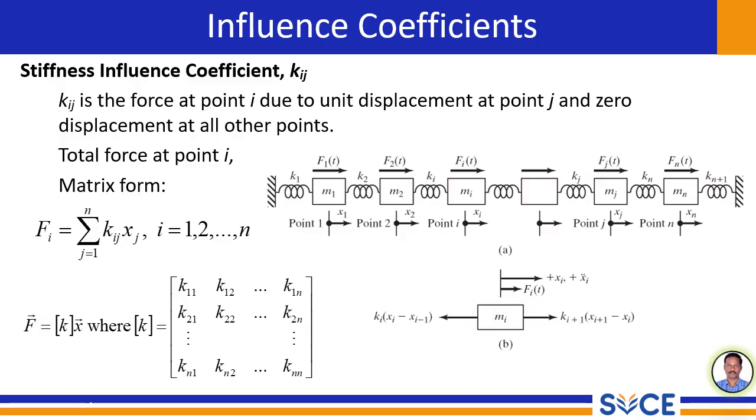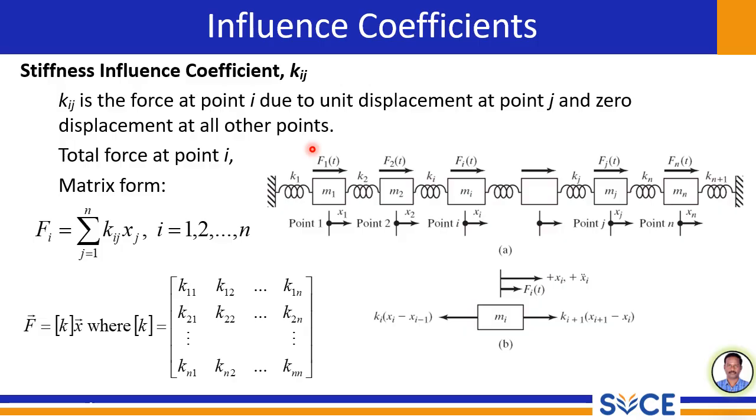Let's now focus on the first type of influence coefficient. We will discuss in detail the stiffness influence coefficient. It is denoted as K subscript ij. Stiffness influence coefficient K_ij is defined as the force at a point i due to unit displacement at point j and zero displacement at all other points.